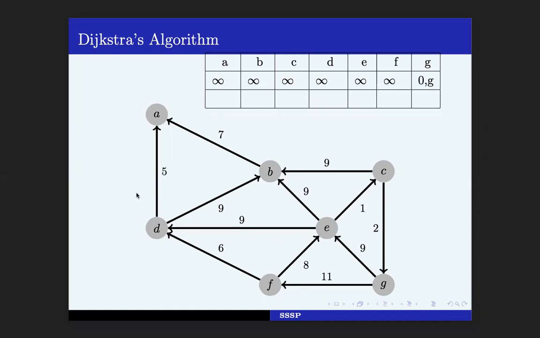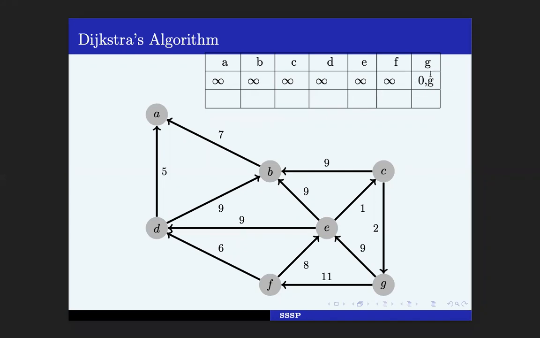For all the other vertices, I have no idea whether they're even reachable or not, so I put infinity. At any point of time, I will also put a vertex label, which is the vertex from which the path comes.